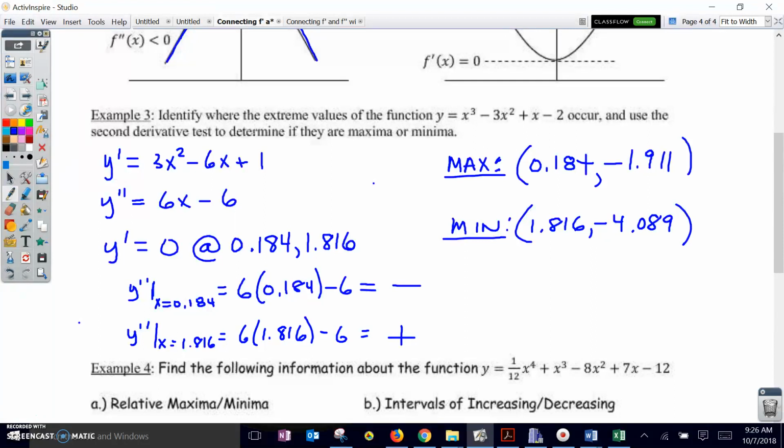I would advise against you using these rounded values when you're finding the y coordinates. In order to find the y values of these points, it would be recommended for us to keep more digits of accuracy, just in case.